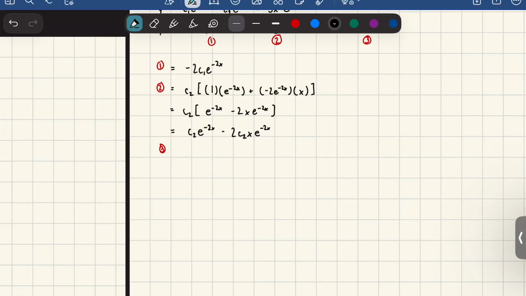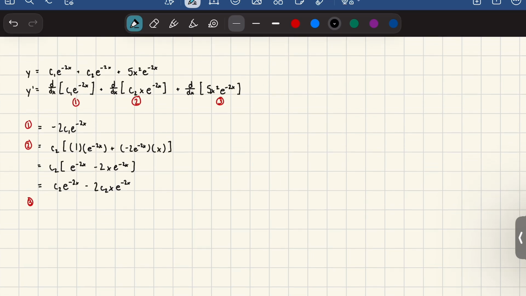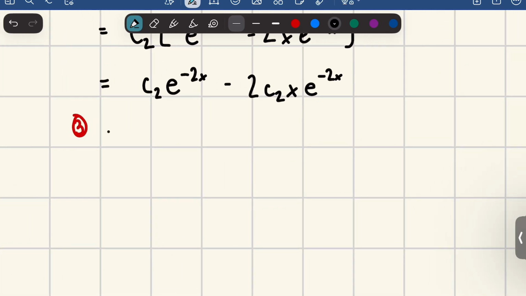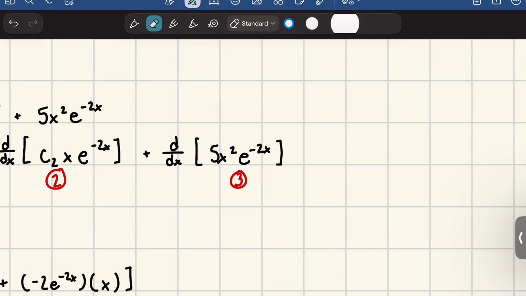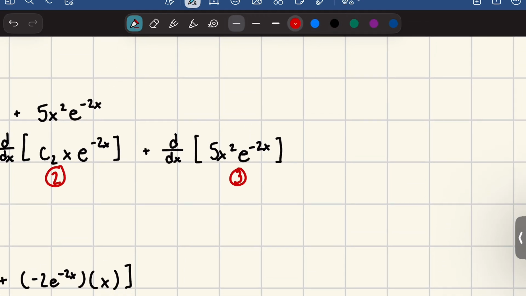Alright. 3 is 5x squared e to the negative 2x. So it's going to be f prime of g. Well, f. F prime is 10x. Yeah.